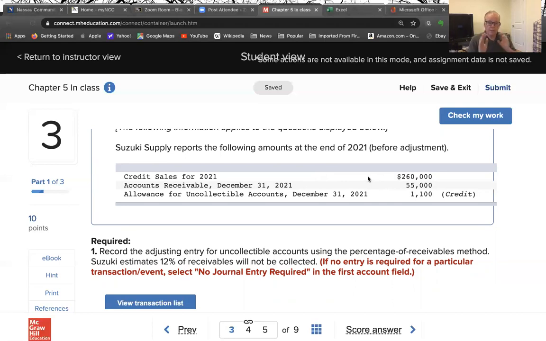We're looking to debit bad debts expense and credit allowance for doubtful accounts, and I don't think that matters. Oh, wait. It might matter. It's not going to matter for this. Suzuki estimates 12% of receivables will not be collected. It won't matter for that.